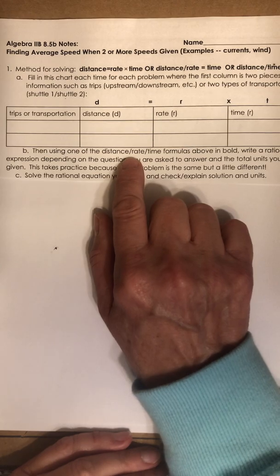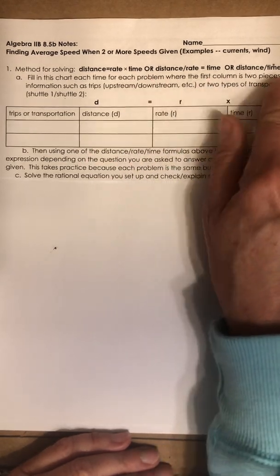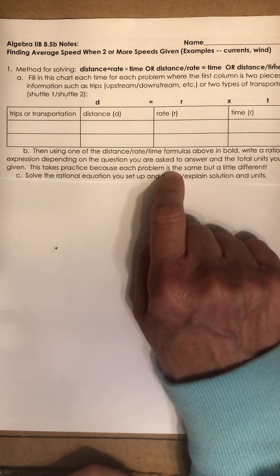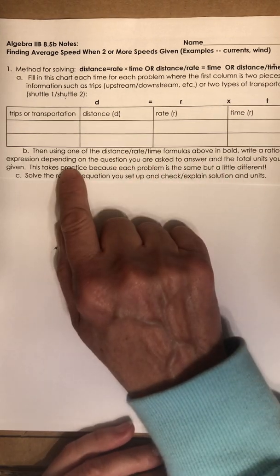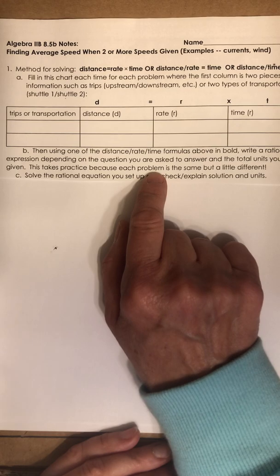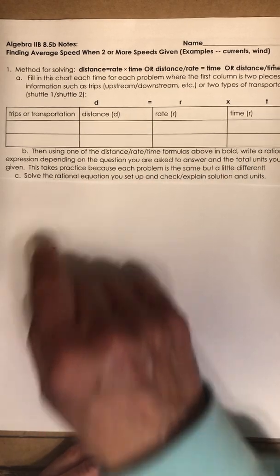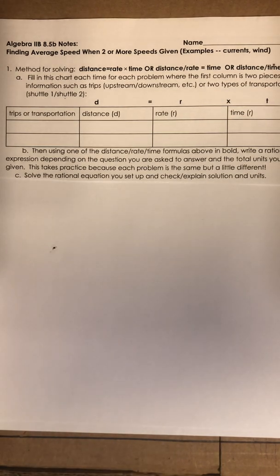And then using one of the formulas above in bold, that's the hardest part: how do I write this? What does it look like? We're going to write a rational expression depending on the question you are asked and the total units that you were given. It really just takes practice, and that's why we do it together. So let's set some of these up together.